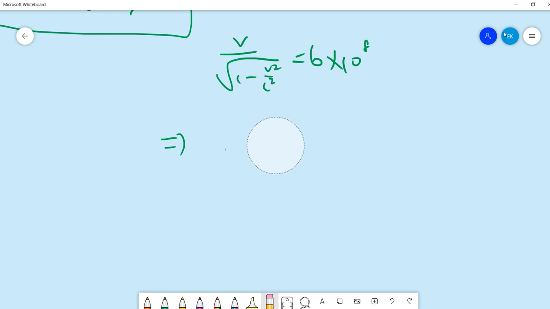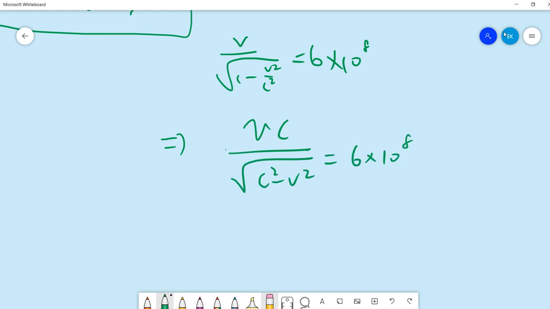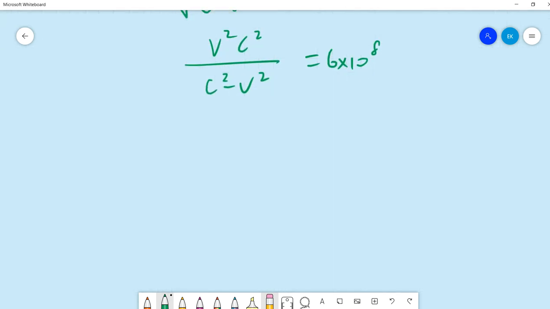Probably is not correct. So let me change it to this square. Okay, how about we change this into c? So c is 3 times 10 to the 8. So this is 2c. Okay.